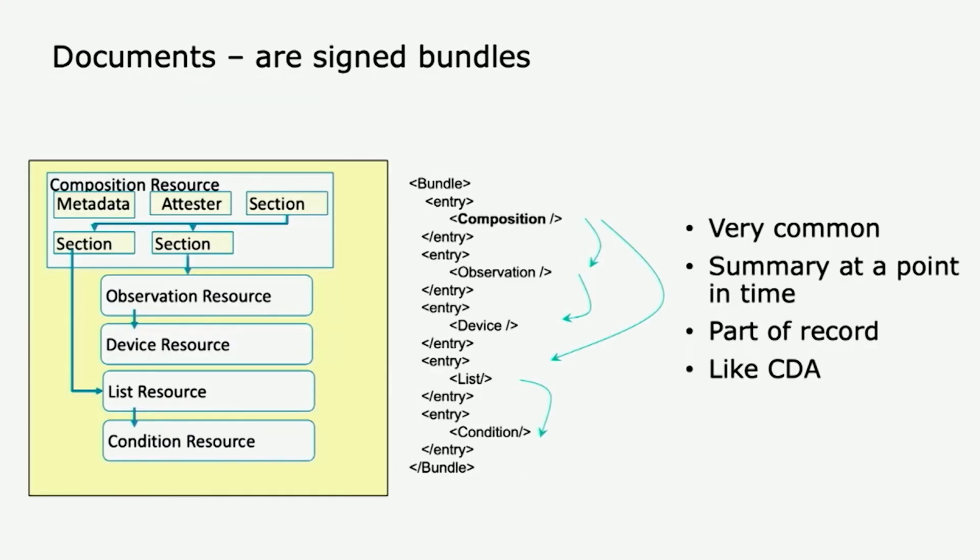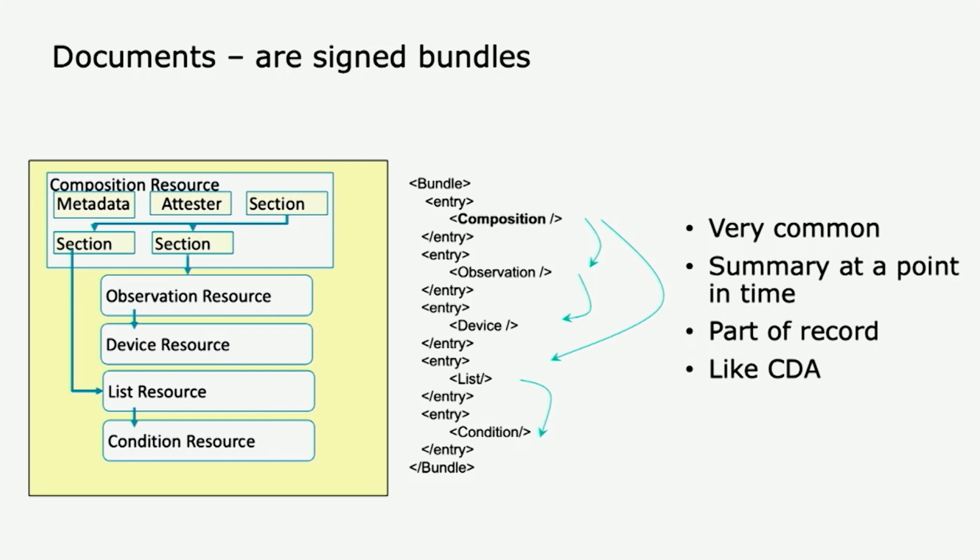So this is an example diagram of a bundle and what it might contain in terms of FHIR resources, just sort of a generic example. What's important about documents in healthcare is that many times they need to be signed for attribution purposes.